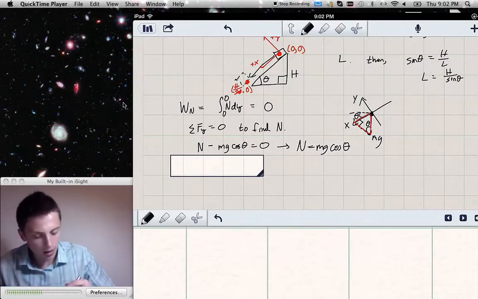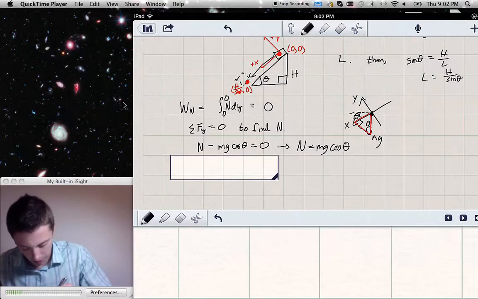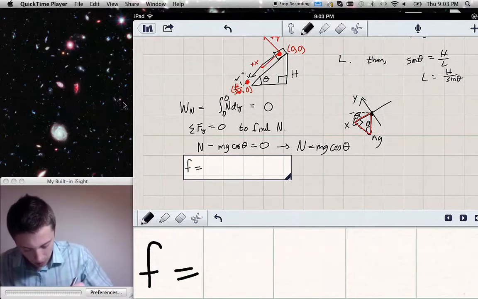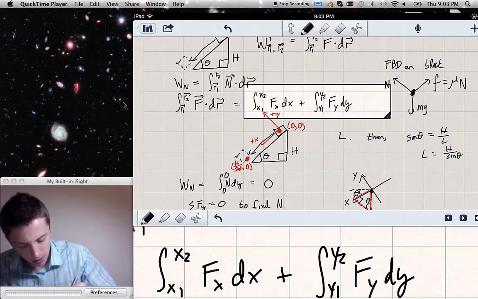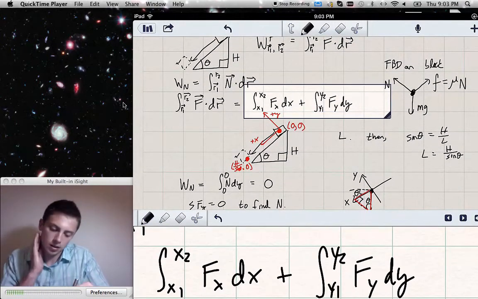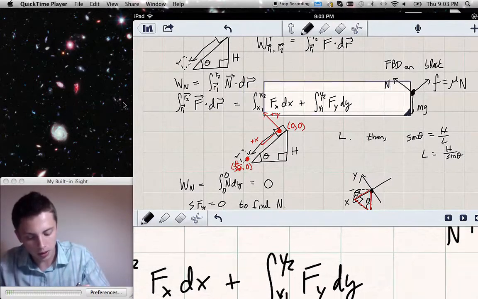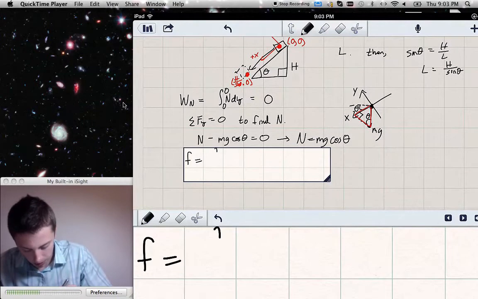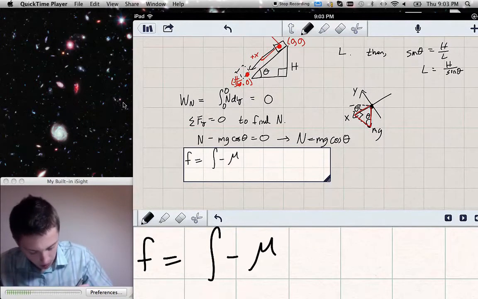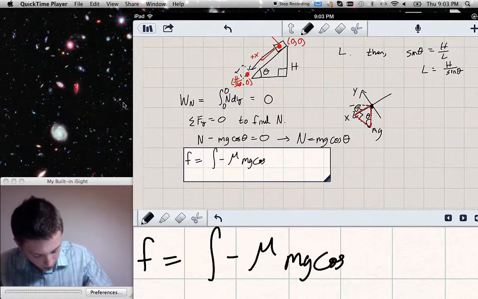So now that we know N is mg cosine theta, let's go ahead and calculate the work done by friction, where we know the friction force. Alright, so let's look at this definition. We integrate over the x direction, the x component of the friction force, and the y direction. Well, friction has no y component, so we'll just be integrating over x, so it's negative mu times mg cosine theta.